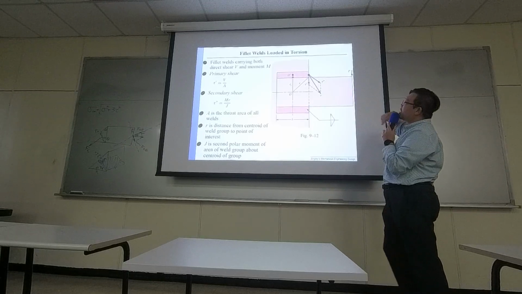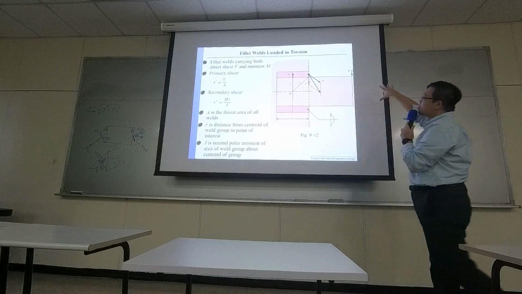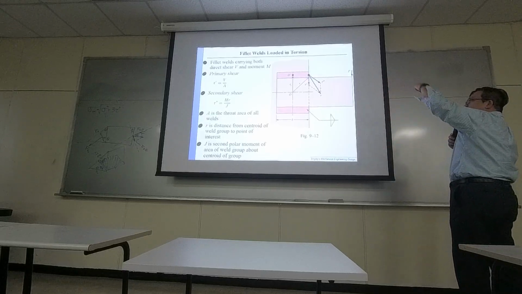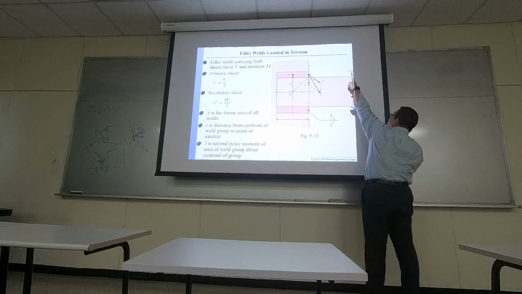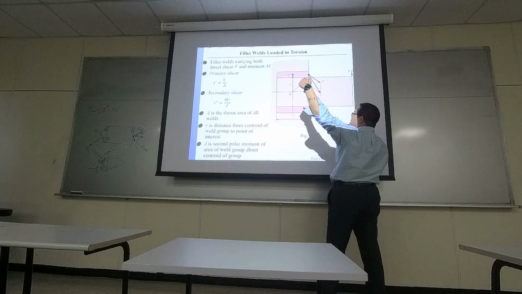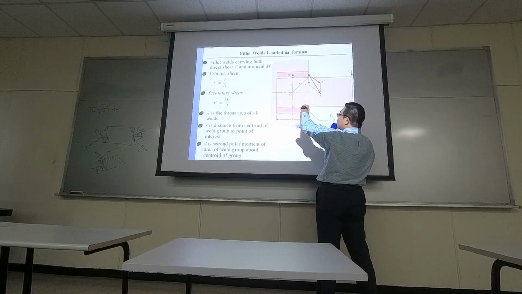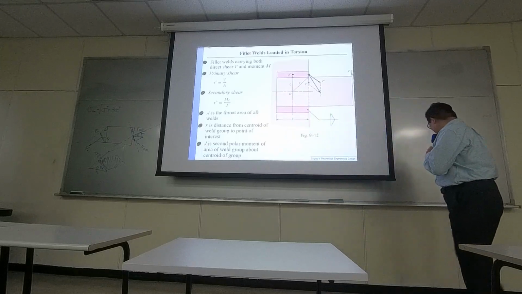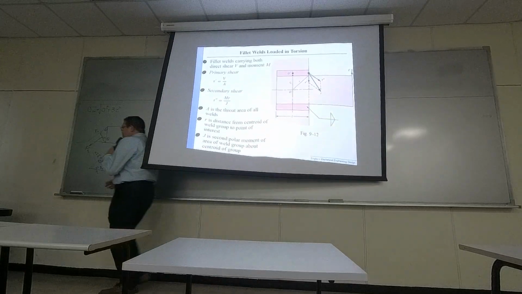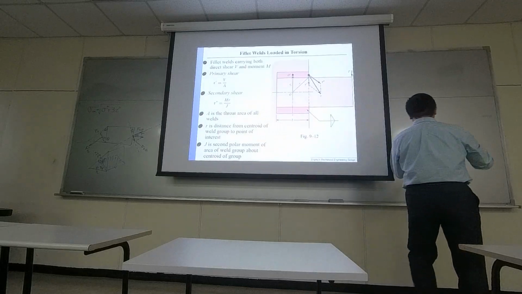So how about tau double prime? Tau double prime is the shearing stress due to the moment, because when we apply this force, it's not passing through the geometrical center of this welding material. For the force analysis of welding material, you need to figure out one thing.